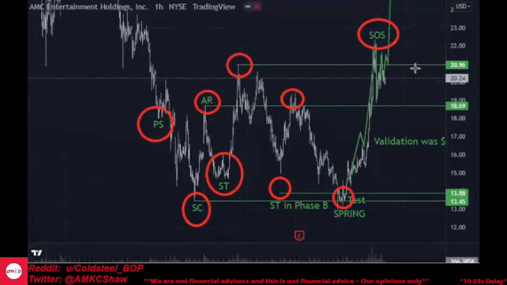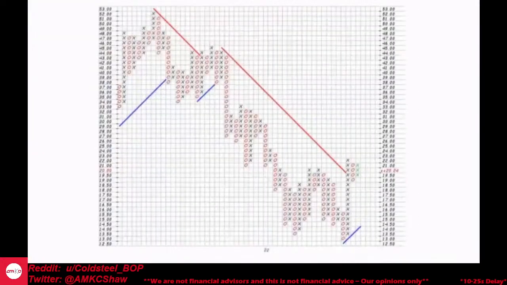I'm really terrible at point and figure charts, which have been around for 100 years, and I want to go over that really fast. So this is a point and figure chart for AMC. Point and figure charts are what people used to put on graph paper.